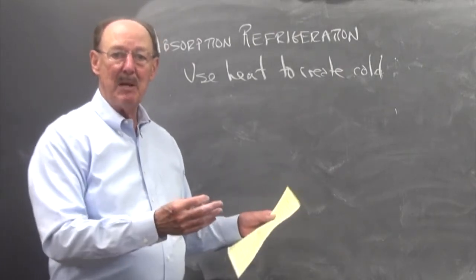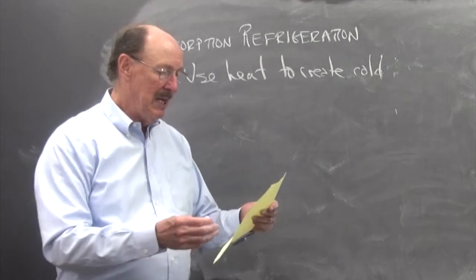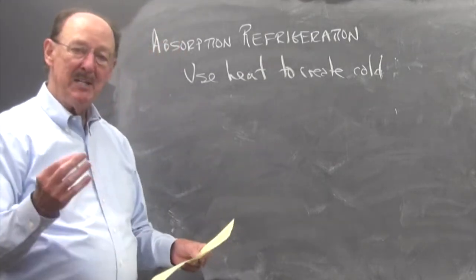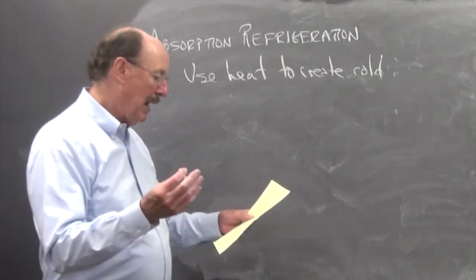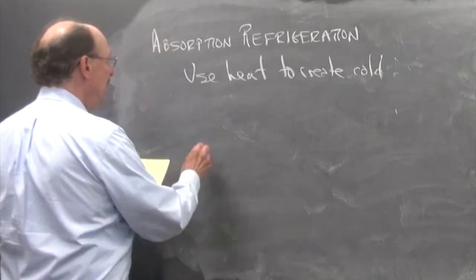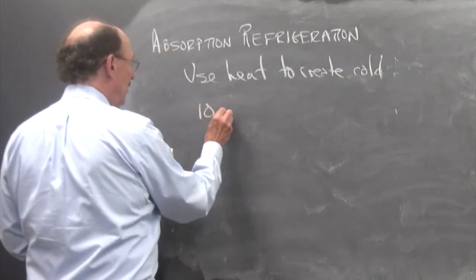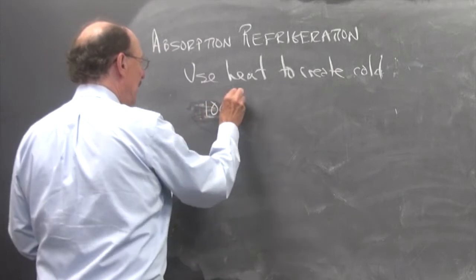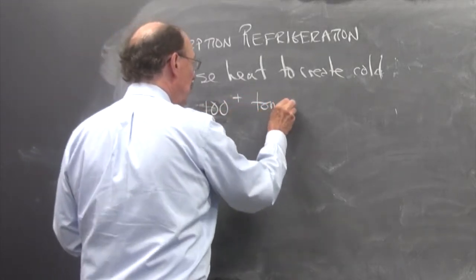You're not using the vapor compression system, you use something called absorption refrigeration. And basically a pump is used to create the pressure difference, and it's often used for units with 100 plus tons of cooling.